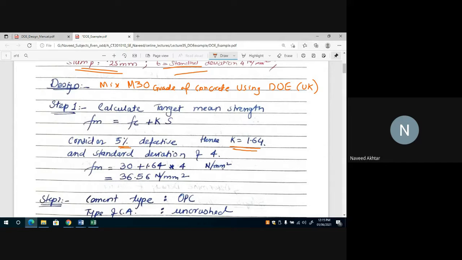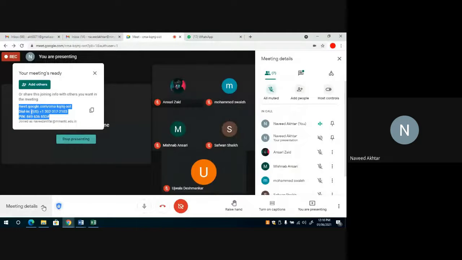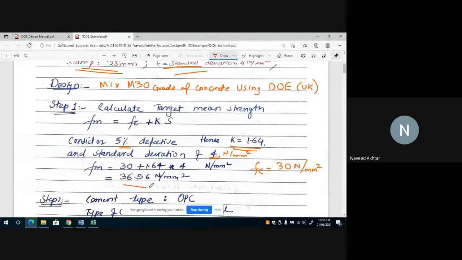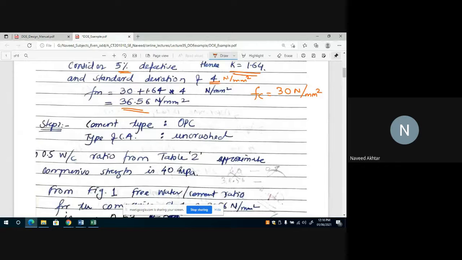The standard deviation is already given in the example, that is 4 Newton per mm square. And FC, the characteristic strength of your concrete, because it is the M30 grade of concrete, will be 30 Newton per mm square. So the target mean strength using the DOE method will be 36.56 Newton per mm square.